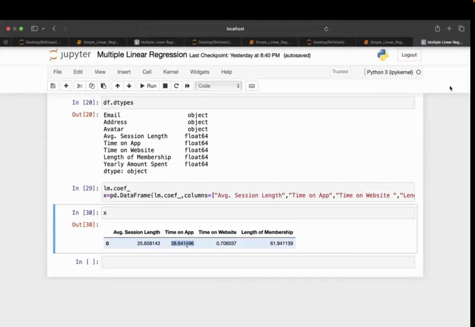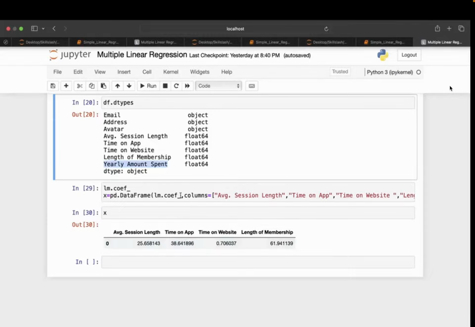We can say that you are having more customers, they are using the application more, and that is giving you contribution to your amount, whereas people are using websites comparatively very low. Okay, so you can enhance your application system, or let's say mobile application, that will help you to gather more crowd. Okay.